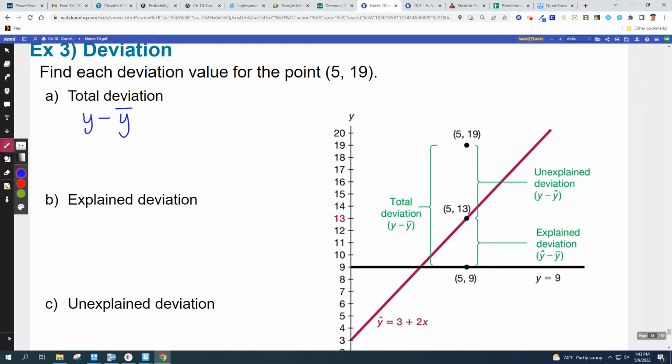So in this problem, you've got some data point, and that's the y number, and the predicted value is on the regression line, and then over here, this must be the mean of 9. So we're taking y minus the mean. That is 19 is my y value, minus 9 is the mean. That's 10.